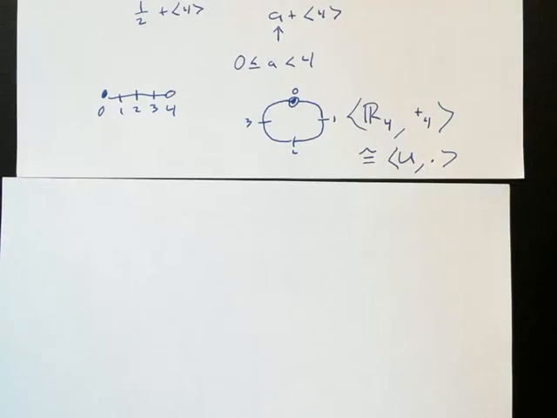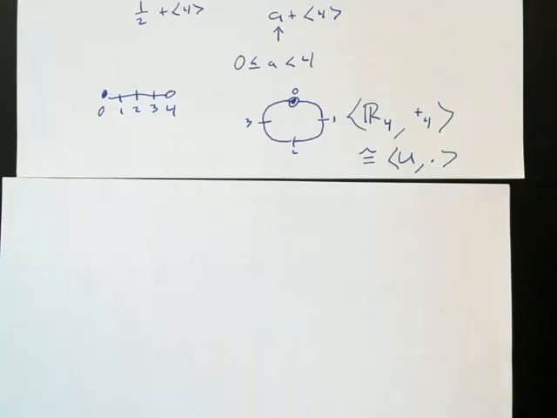Question. I started with a normal subgroup. And I know that for every homomorphism, there is always a normal subgroup, right?